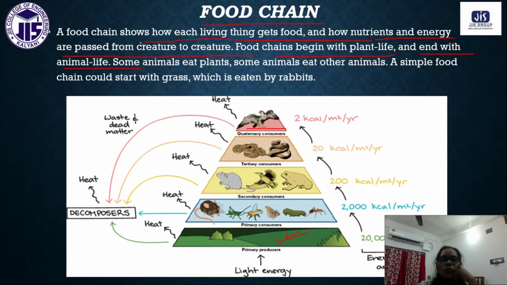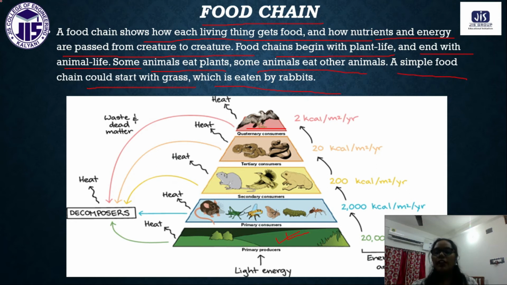You can see that some animals eat plants, some animals eat other animals. A simple food chain could start with the grass, which is eaten by the rabbits. Very simple food chain. It starts from the grass, that is the producer. The primary consumer is rabbit, and so on.